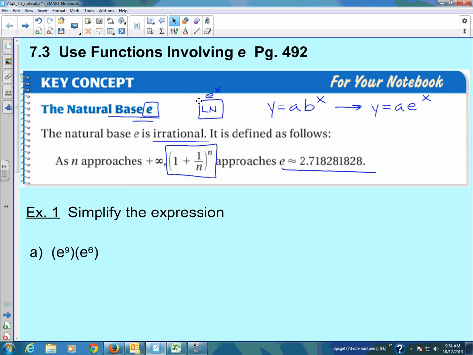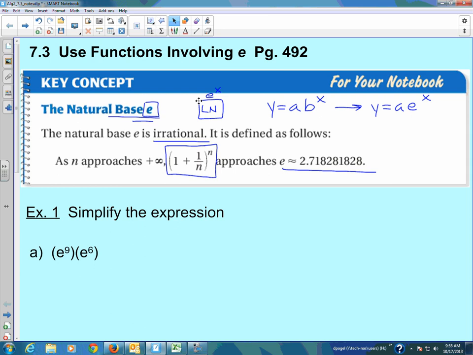Let's say we put 100 in there: 1 plus 1 over 100, all to the 100th power, or 1 plus 1 over 1,000, or 1 over a million. The value that that expression equates to would be getting closer and closer to that 2.718. So that's where the number e comes from, this expression.